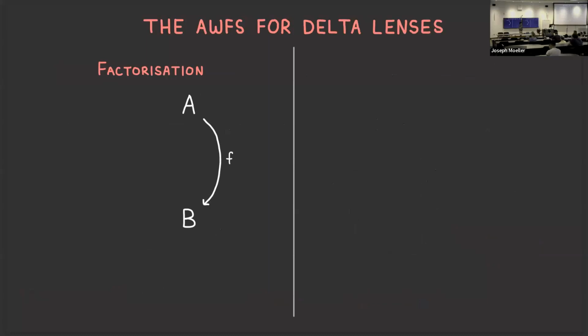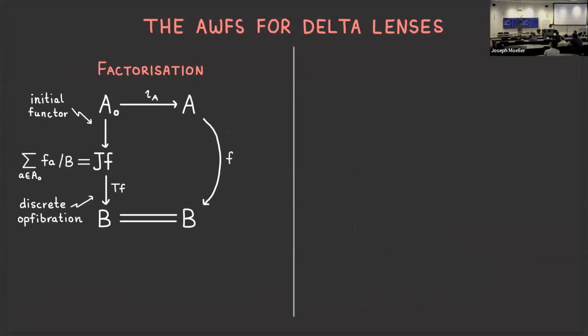Another way to construct this is if we take our functor f from A to B, we can construct the factorisation by first precomposing with its inclusion of the discrete category of objects, so A0 has the same objects as A. Then we can take the comprehensive factorisation of this composite, and what this will actually give you is this category J of f that we saw before. So it's just the sum of these co-slice categories.